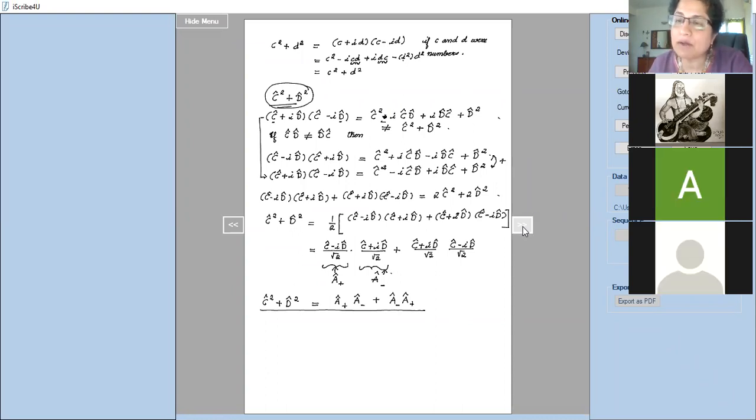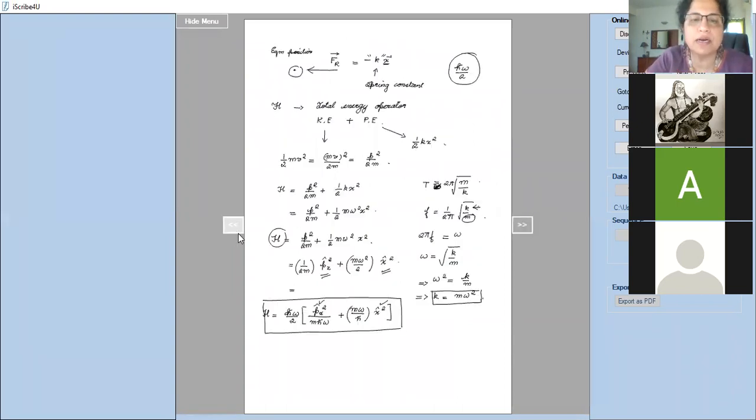So now let us look at what is the connection with the harmonic oscillator. Please look over here. You can see the harmonic oscillator is also a px square plus some number into an x square. So let's go back here.